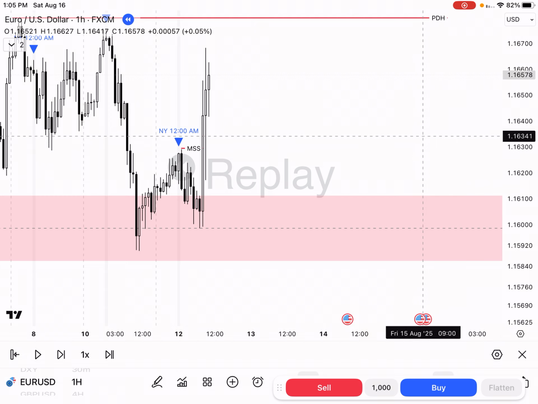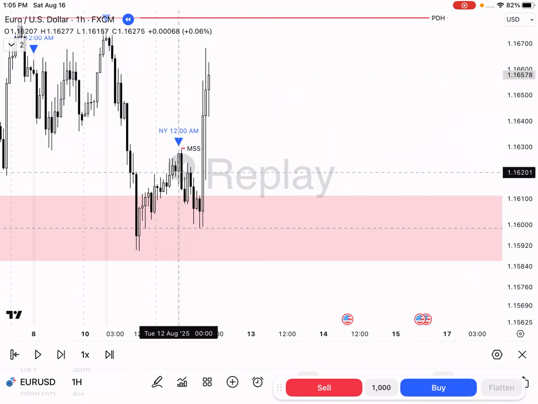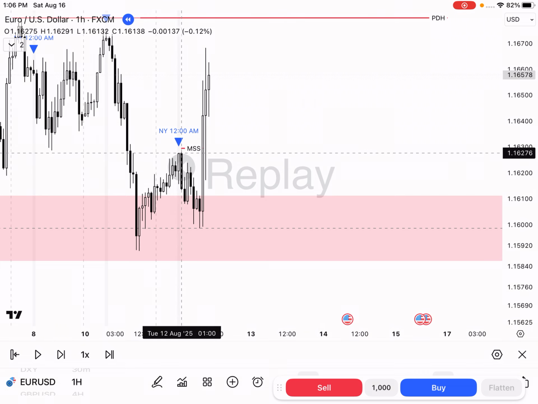Right after 6 p.m., this candle came down into this mitigation block. Let me highlight that.